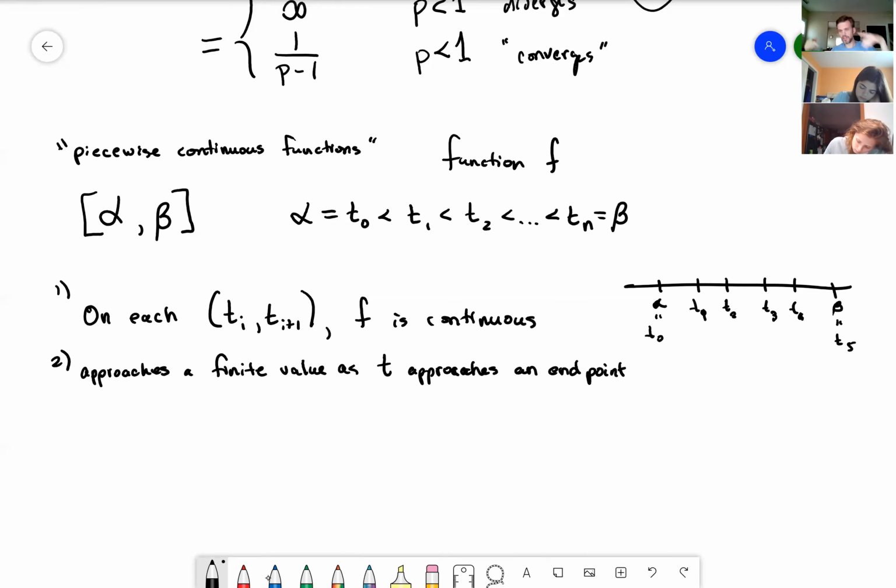So if we approach t1 coming from this side or from this side, either way, we're approaching a finite number. They don't necessarily have to be the same finite number, but it has to be finite.